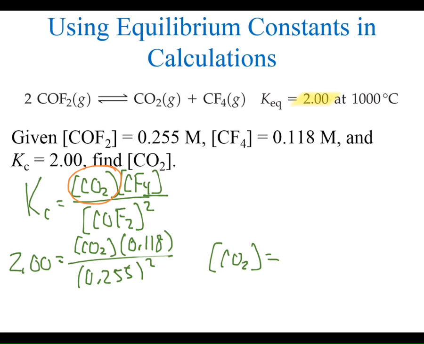So what'd you get for concentration of CO2? So this winds up going on top, right? This winds up going on the bottom, right? You do all that algebra. So what'd you get? Anybody?